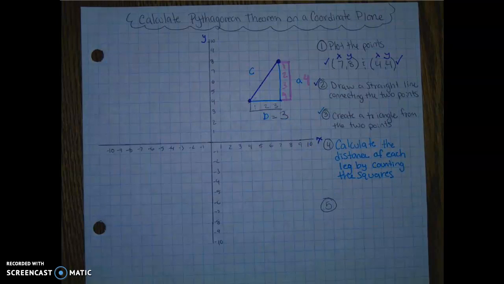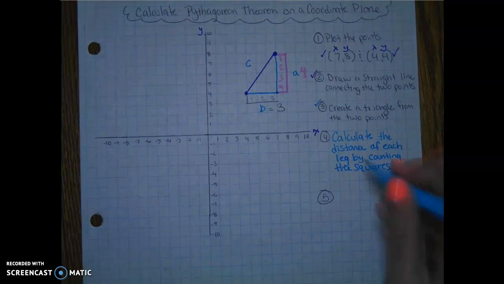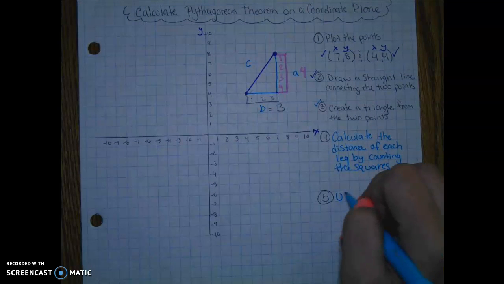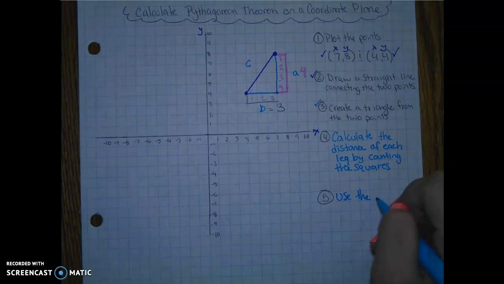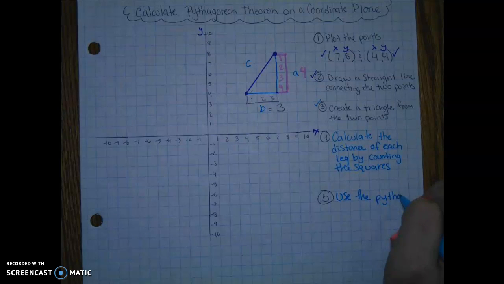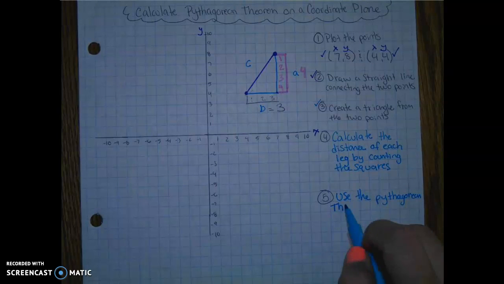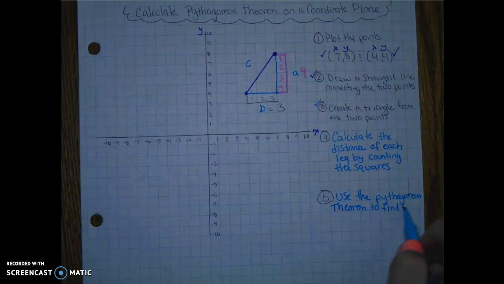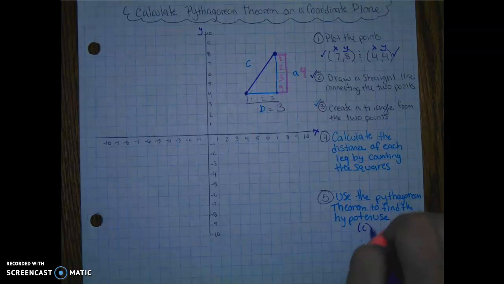So for step 5, what we're going to do is use the Pythagorean Theorem to find the hypotenuse, which is also known as C. So I'm going to move this up just a little bit.